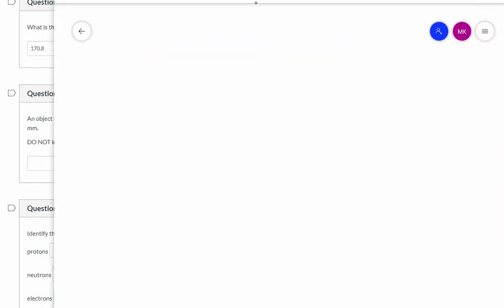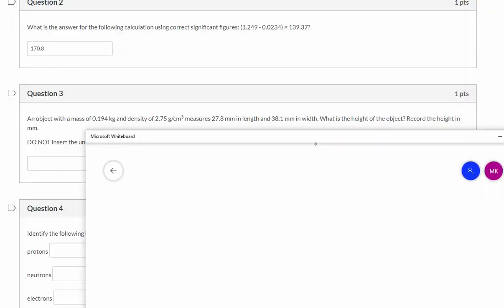So if we start with, what does density mean? Well, density is going to be mass over volume. Well, we're told what our mass is. Now, because our mass is in kilograms, but our density is in grams, I'm going to convert that mass into grams.